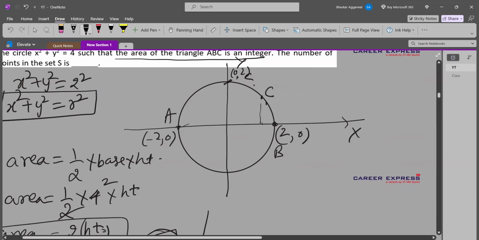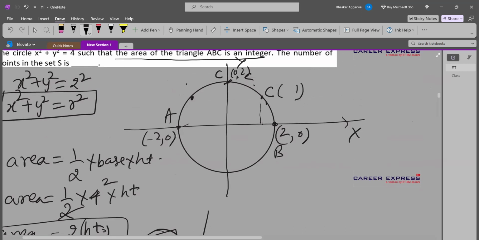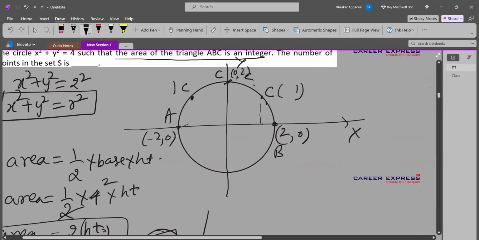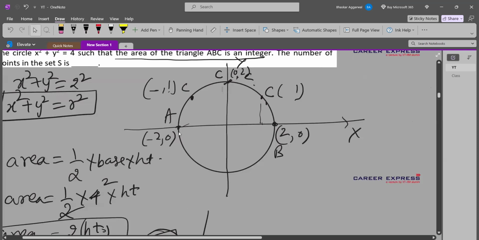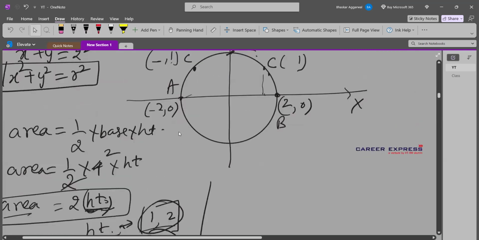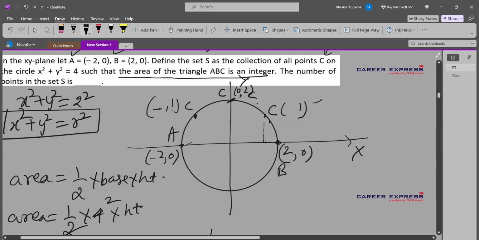This can be point C with y coordinate 1. This can be point C with y coordinate 2. Even this can be point C with y coordinate 1 again, right? Y coordinate will be 1 and x coordinate will be something else. So these 3 points are possible above x-axis for which value of y is an integer.